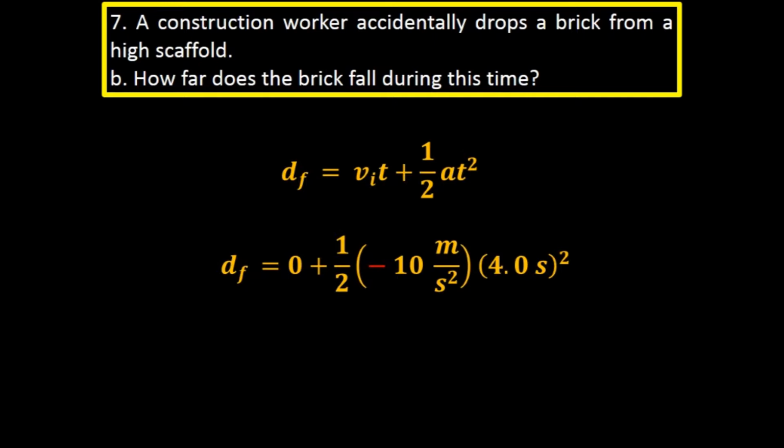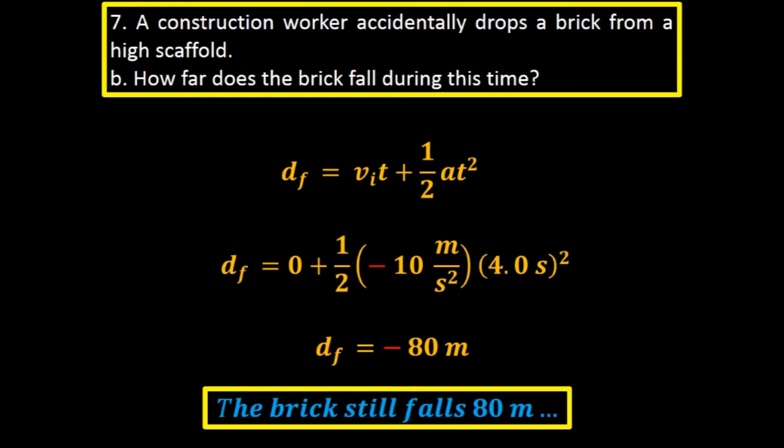Acceleration and velocity are both vector quantities. So here you would get negative 80 meters, but you describe it as still down. The brick is falling 80 meters. The brick still falls 80 meters, no matter what sign you use. So the sign convention is a very important thing to understand.